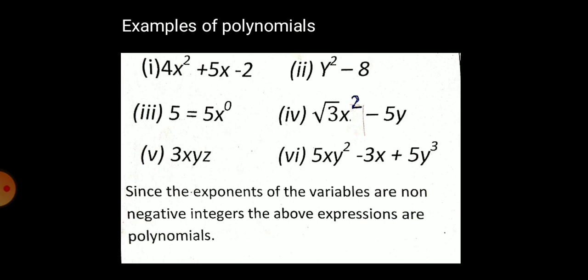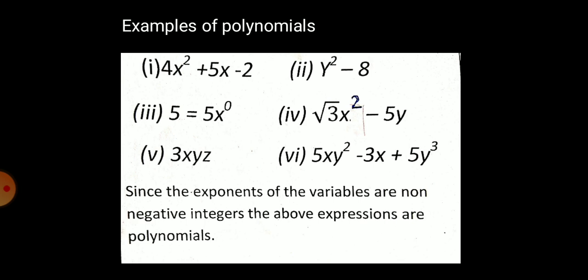Now the fourth one, square root of 3 x square minus 5y. Here the square root is not for x, not for the variable. It is for the constant, so it makes no difference. x has the integral power 2 and y has the integral power 1. Variables are having positive powers, so this is also a polynomial.